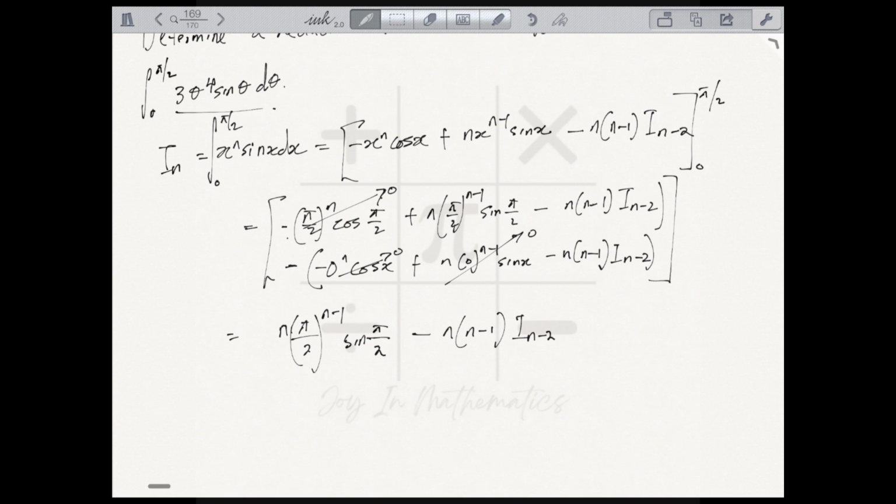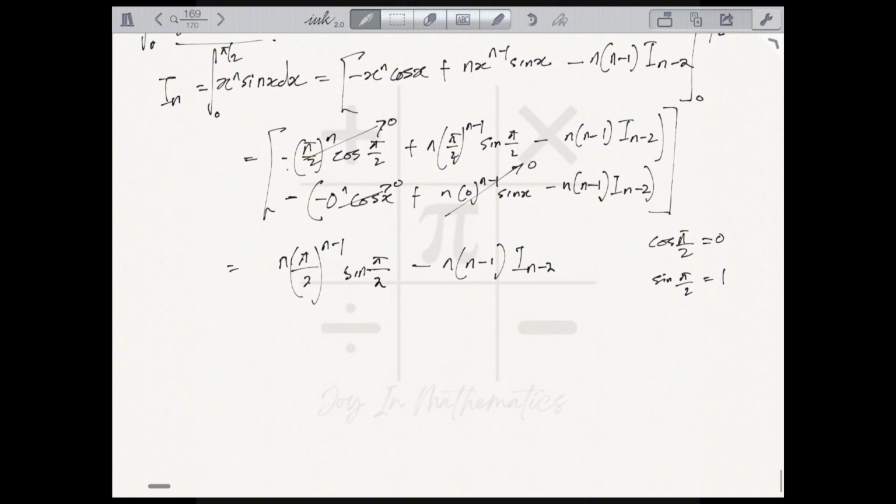Now if cos pi over 2 is equal to 0, then sine pi over 2 is equal to 1. Therefore, since this is equal to 1, we have just n pi over 2 raised to power n minus 1 minus n into n minus 1 of I n minus 2. Now this is the reduction formula for x raised to power n sine x dx from 0 to pi over 2.